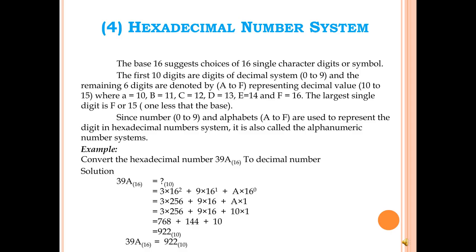So our calculation comes as 768 plus 144 plus 10, which gives the answer as 922 base 10. So the conversion value of 39A base 16 is equal to 922 base 10.